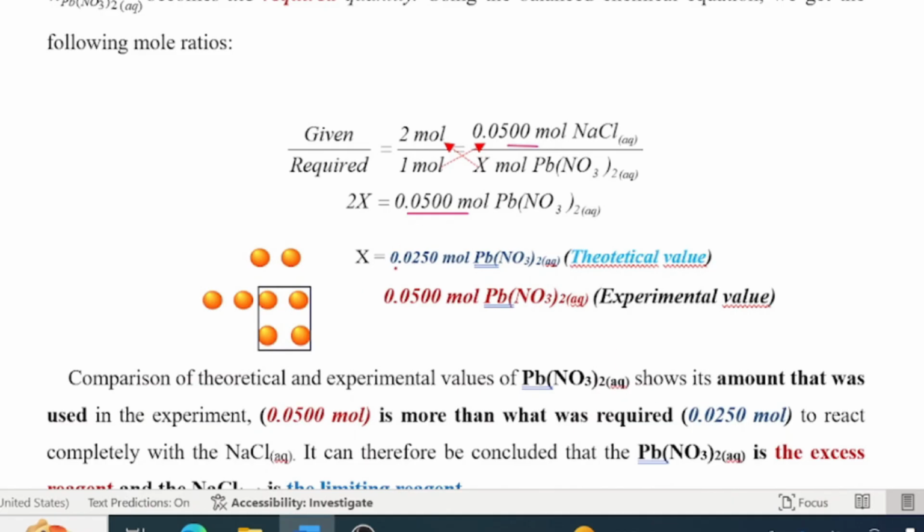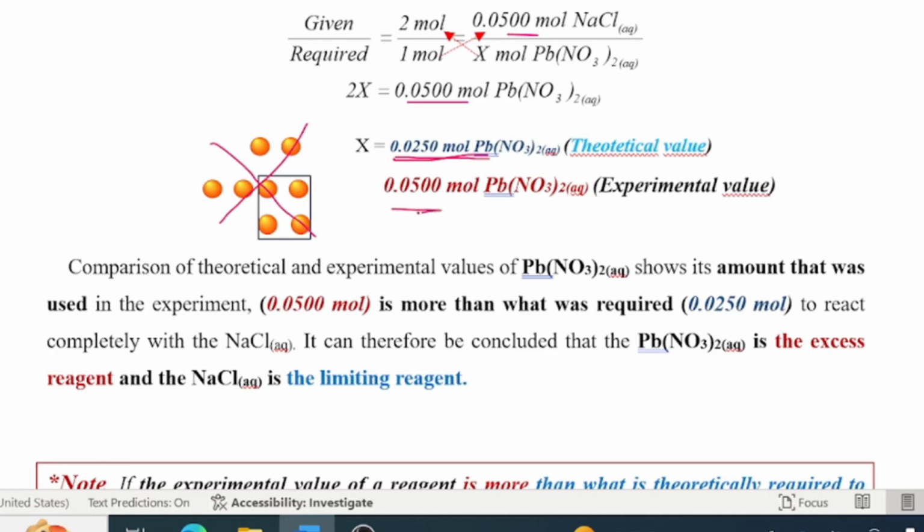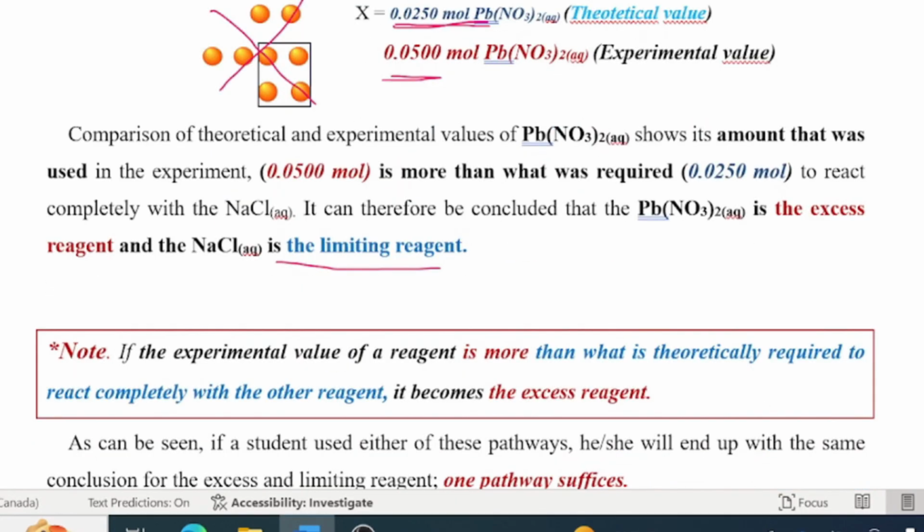I can divide this by 2. This is what was supposed to be used. Don't worry about this now. So you're supposed to use that amount of lead. But look, you use twice the amount in the reaction. So in this case, what are you going to say? Lead becomes the excess reagent. And again, sodium chloride is the limiting reagent because it is used up.